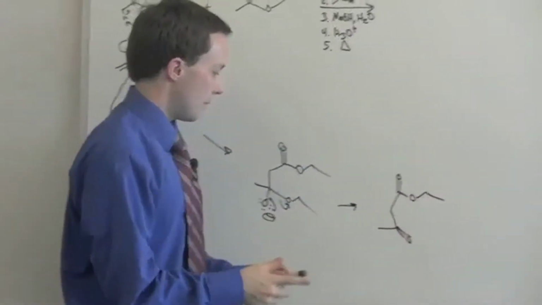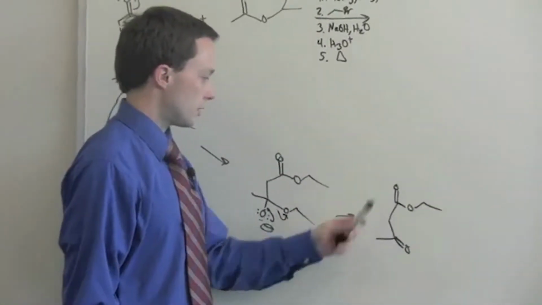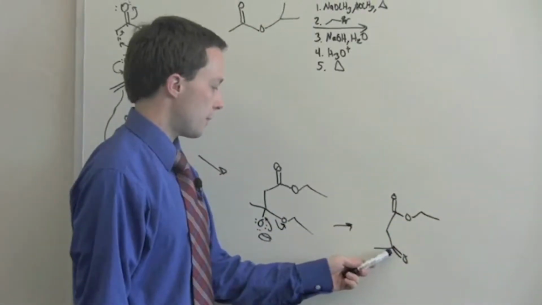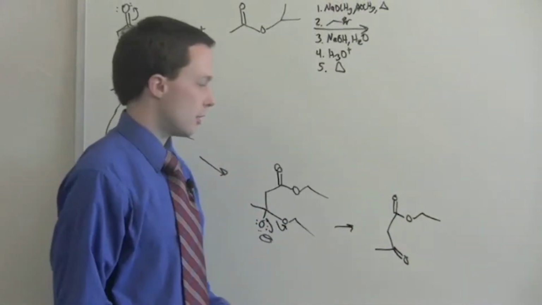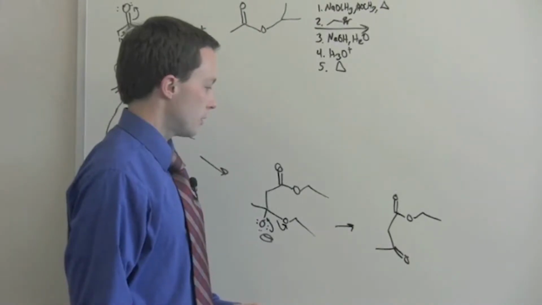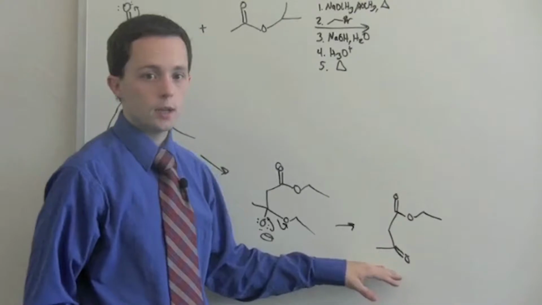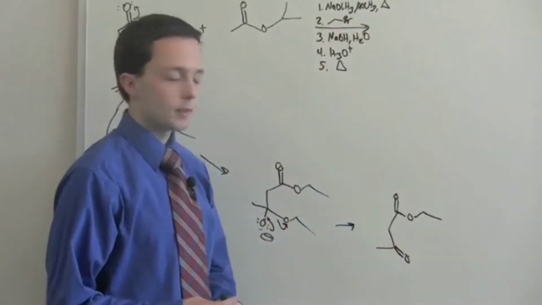This is a beta keto ester. Here's the ester, here's the alpha position, there's the beta position, there's a ketone. Beta keto ester. So, this is the final product of Claisen condensations. We're done with this first step.